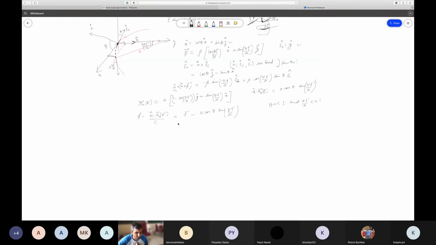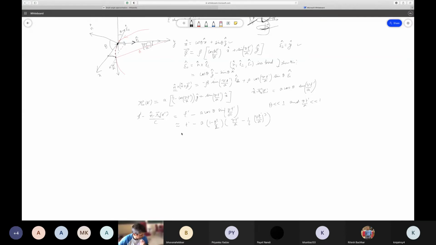Okay, so if we do that, what do we get? We get this is equal to t prime minus A times 1 minus theta squared by 2, I'm just expanding in small angle, and Vt prime by A minus 1/6 Vt prime by A cubed. I've expanded this cos theta and sine Vt prime by A in small argument.